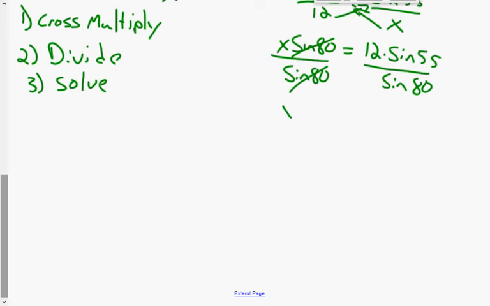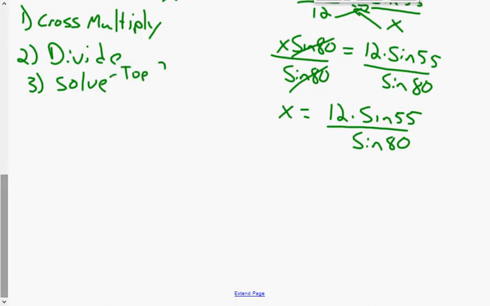So now all I'm left with is x equals 12 times sine 55 over sine 80. Okay? Now, to solve this, you have to be careful with the steps. Always work out the numerator first. So for solving, top first. That's your numerator.